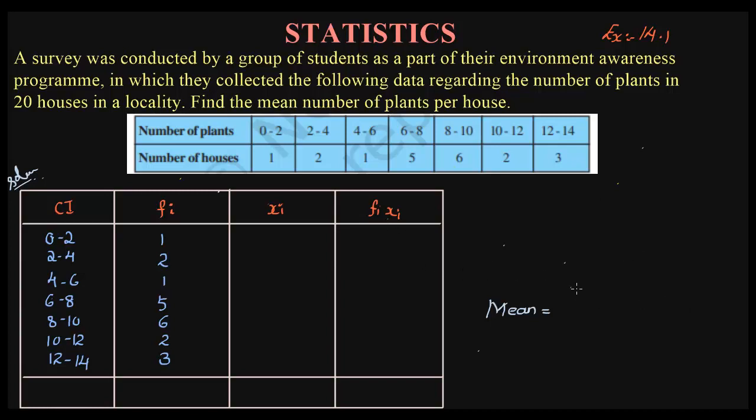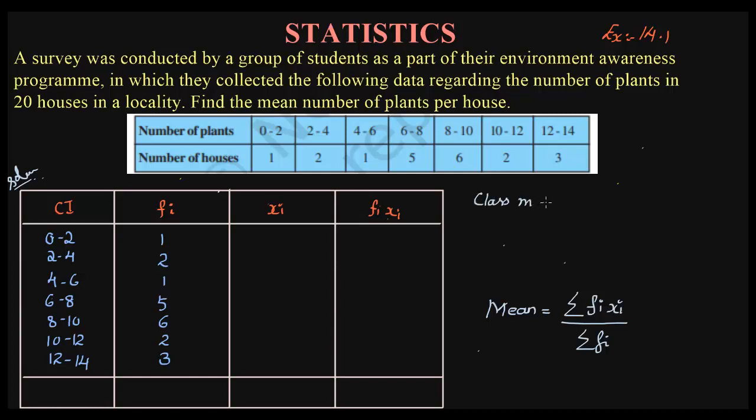In the same way we need to do it here also, but it is grouped data, so we have one formula: summation fi xi divided by summation fi. This symbol is for summation, which means you need to add. Now fi we know, but we don't know xi, so we need to find xi. What is xi? Xi is nothing but the class mark.